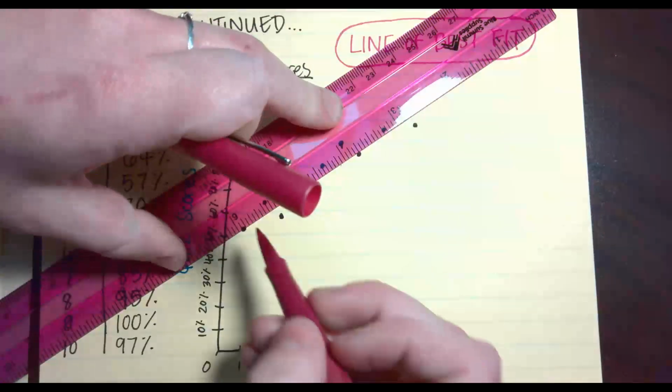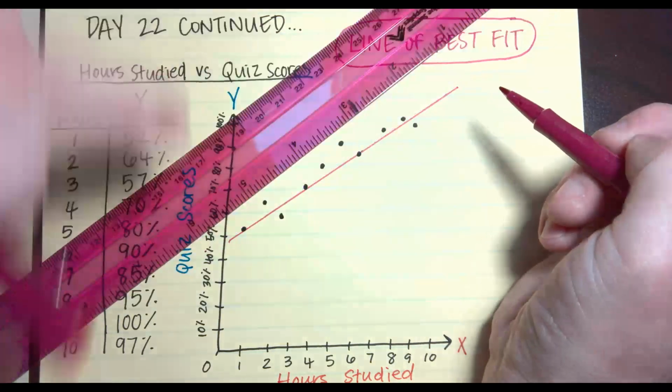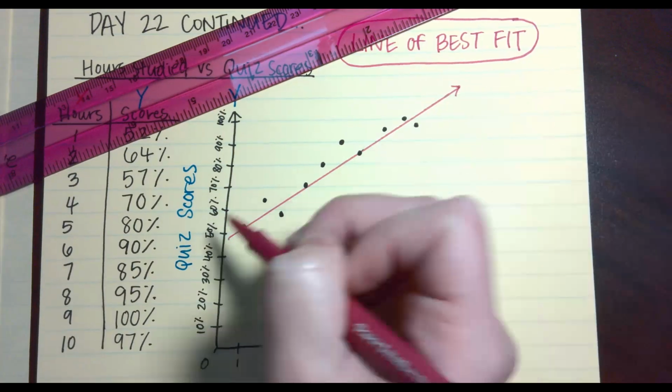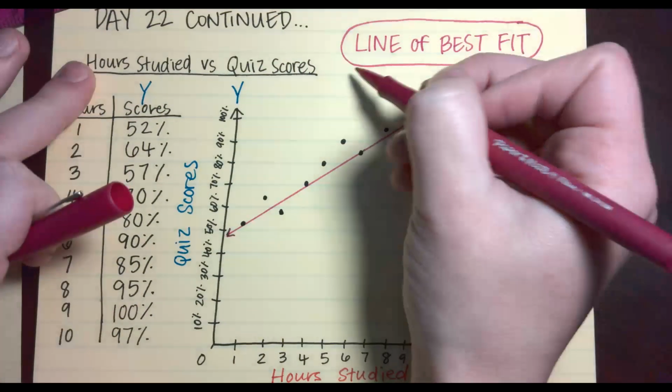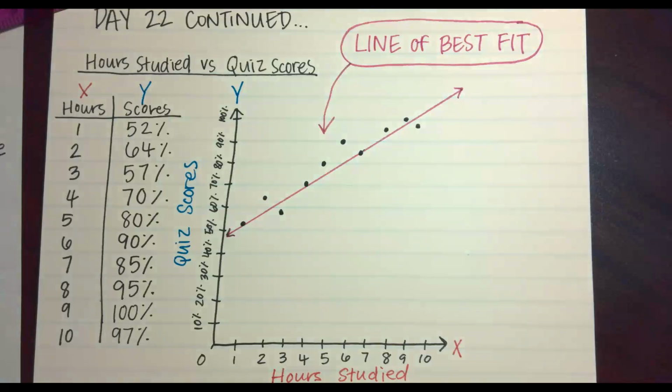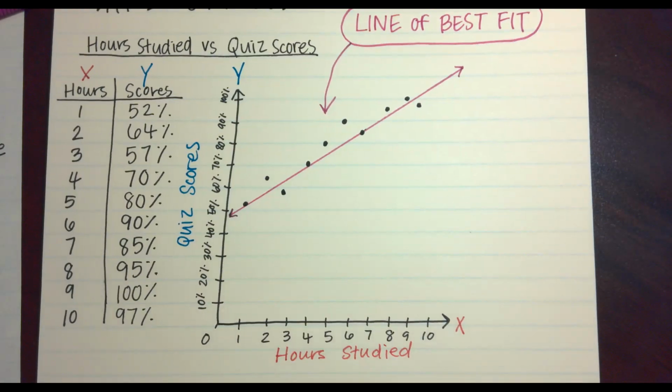And I'm just going to draw the line here, like that. This is an estimate of what my line of best fit would be, right here. So this is what I can use to help me predict data that I don't have.